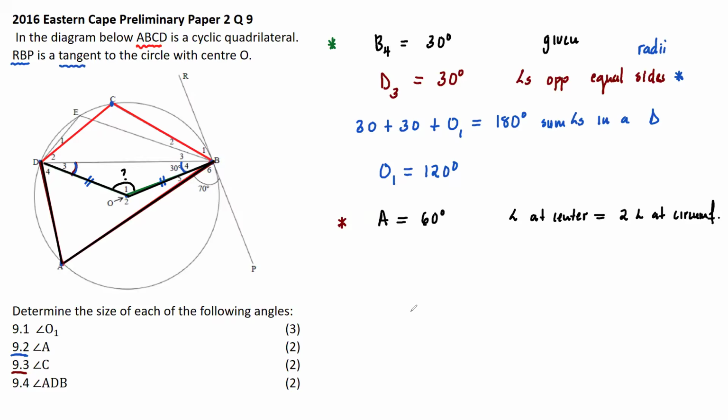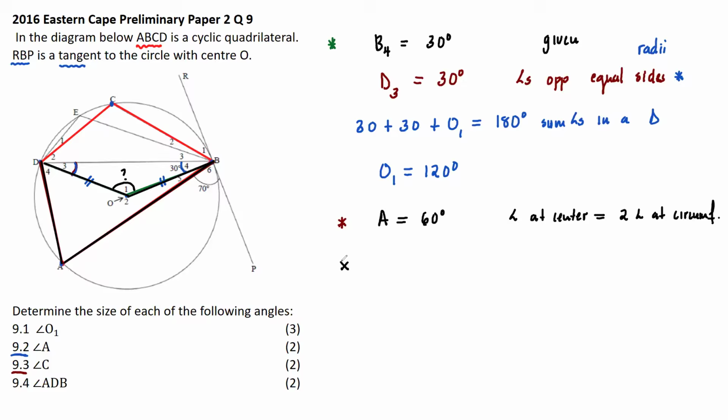Okay, perfect. So A is 60. I must stress that there are so many ways of doing these questions. So I'm not going to run through all the various methods available. I'm just going to pick out one method or so. You may be able during the course of the lesson to see other methods that we can ultimately use. 9.2, done. Let's go to 9.3 very quickly.